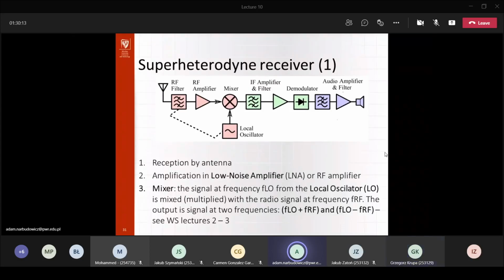But generally speaking, the lower you go with the frequency, the easier it is to design electronic devices, or to be precise, low cost electronic devices. But again, I believe this will depend on the exact frequencies and the use case. I would say I would go rather to the lower side.